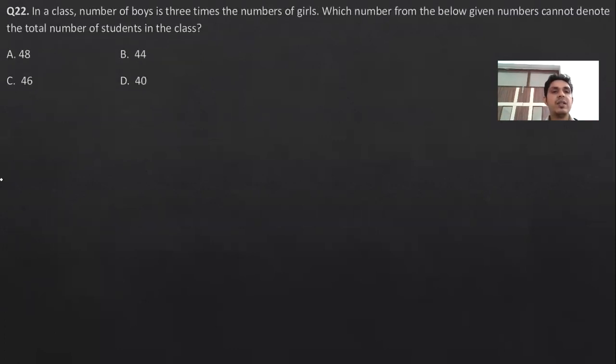Coming to the next question. The question is: in our class the number of boys is 3 times the number of girls, so we can write it as the number of boys is 3 times the number of girls. Which number from the given numbers cannot denote the total number of students in the class, right? So if we check 48, definitely this can be the answer, because if we put the number of boys as 36 and the number of girls as 12, and if we add, we get 48.